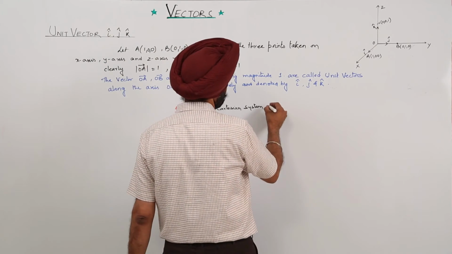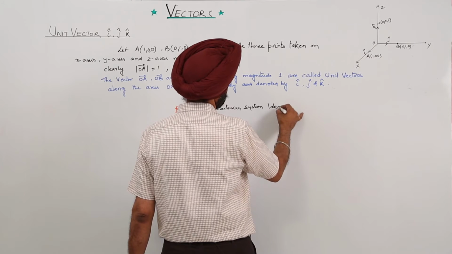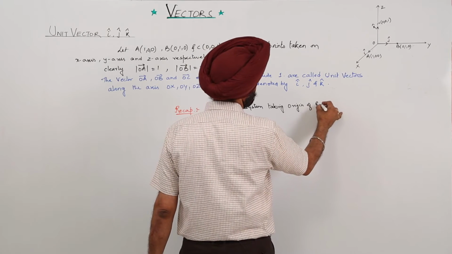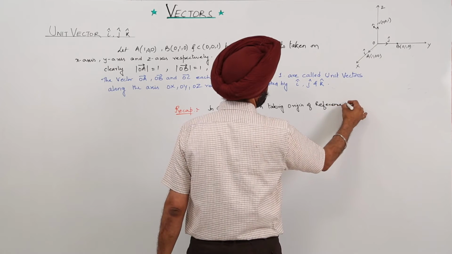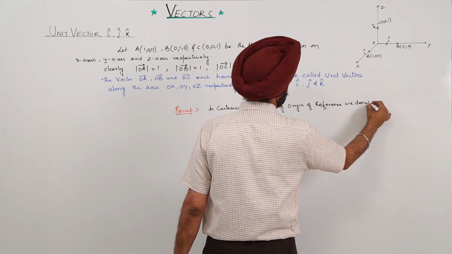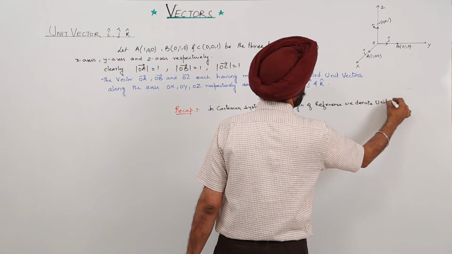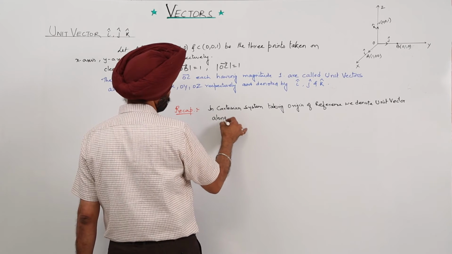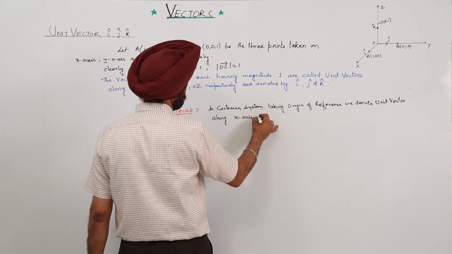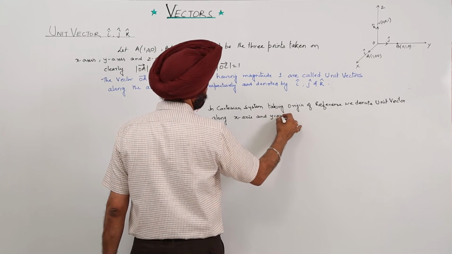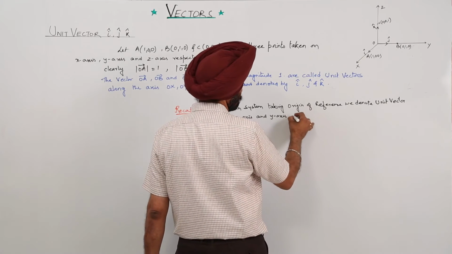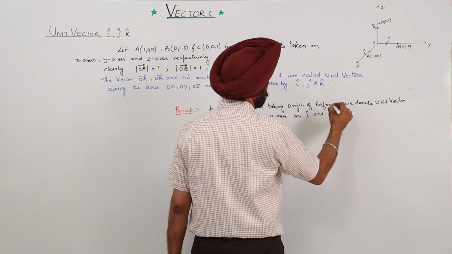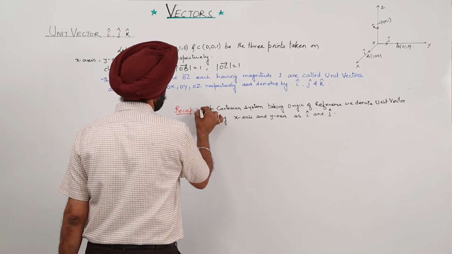So in the Cartesian system, taking the origin of reference, we denote the unit vector along the x-axis and y-axis as i cap and j cap in the Cartesian system. Okay. So this was number 1.